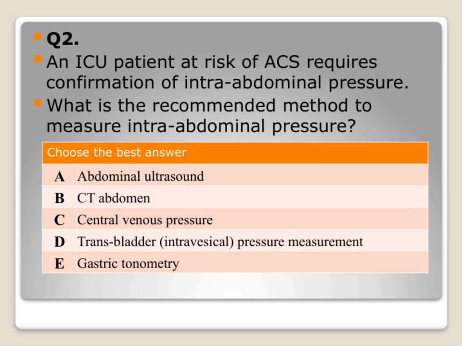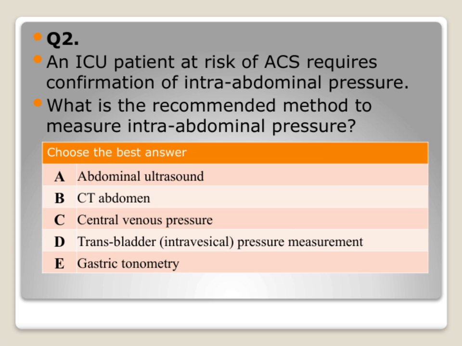Option C, central venous pressure, measures pressure in the central veins, which is related to cardiac preload, but it's not a direct measure of intra-abdominal pressure. Option E, gastric tonometry, measures gastric mucosal CO2 levels to assess mucosal perfusion, but again, it doesn't give us the intra-abdominal pressure directly.